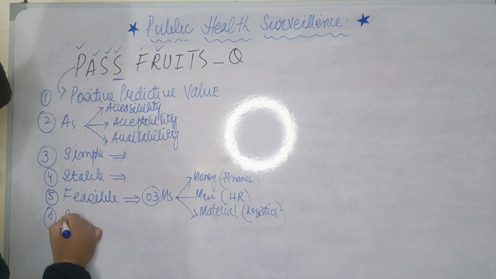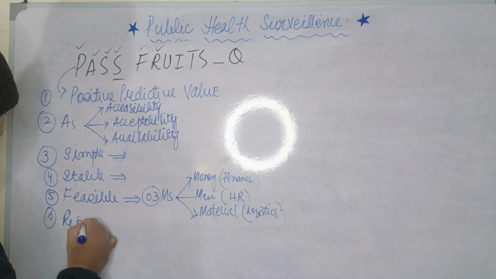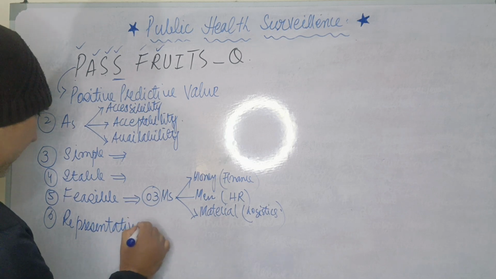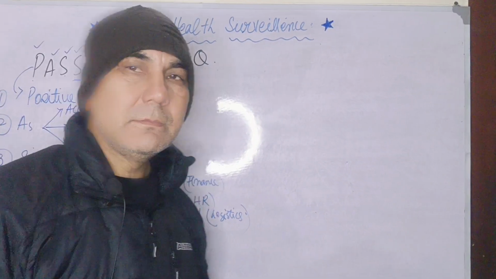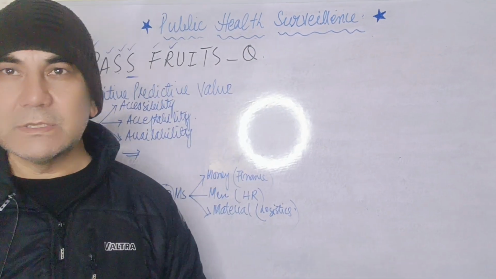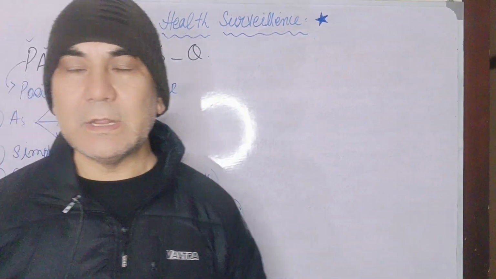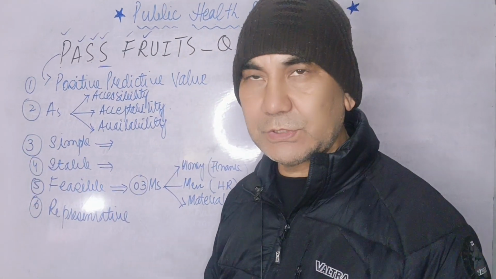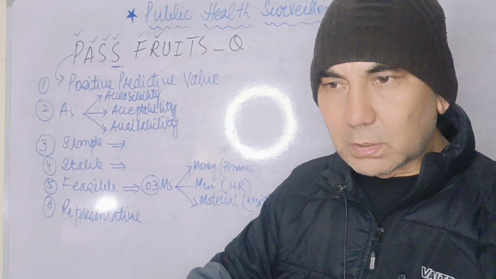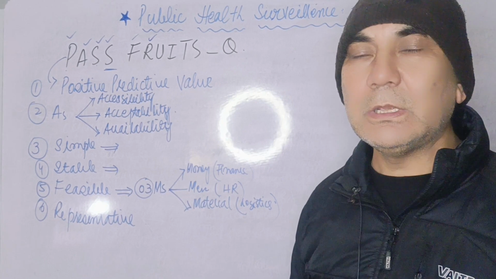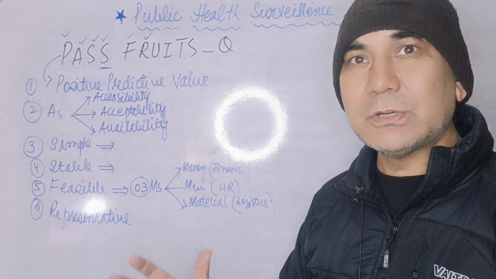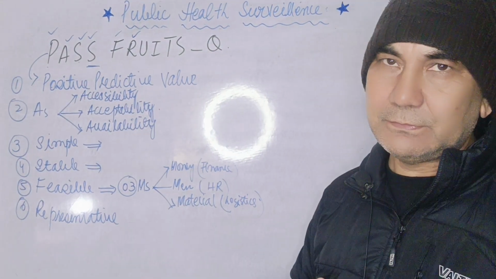Now the sixth characteristic is R, representative. If you conduct any surveillance in any community or area, it should be representative of the whole community. It should cover the whole community and the whole geographical area, according to their culture and religious sensitivity.